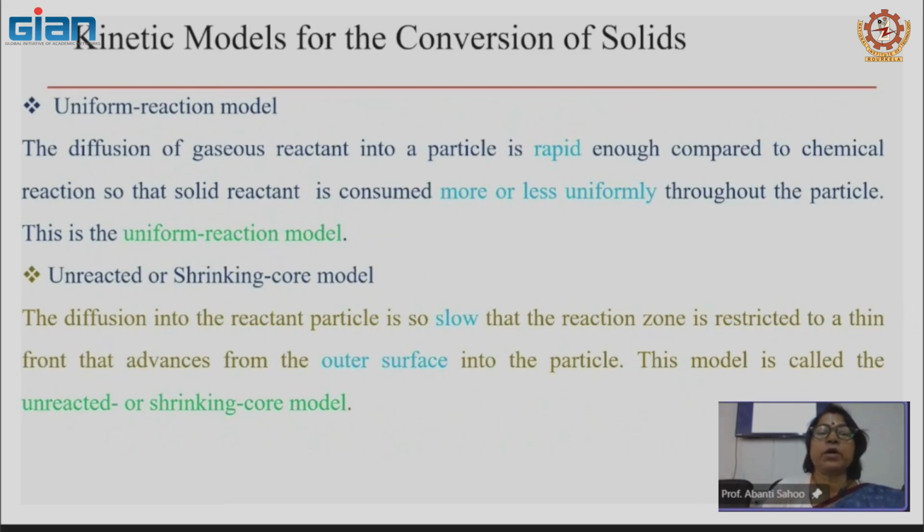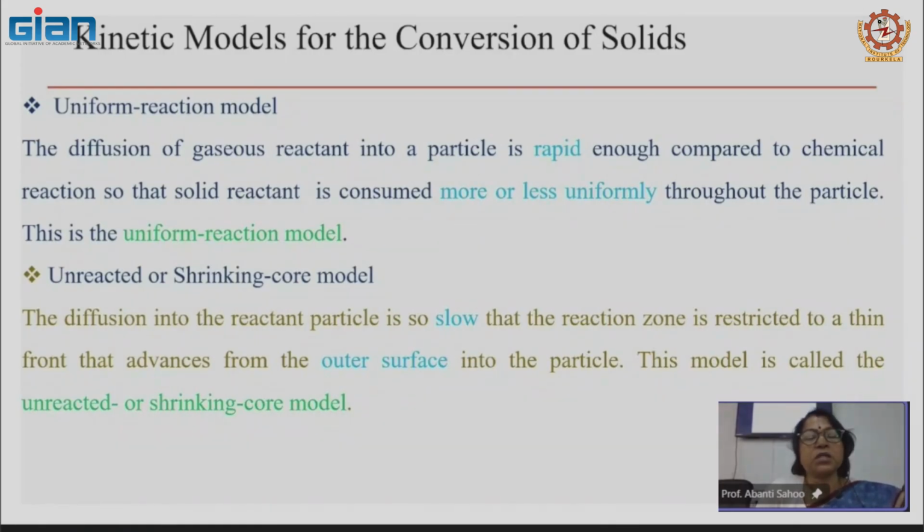Now, when we discuss the models for the conversion of solids, the solid reactant will be converting to a solid product, a gaseous product, or a combination of gas and solid product. There are two types of models usually found: the uniform reaction model and the shrinking core model. Uniform reaction model means the solid reactant is consumed more or less uniformly throughout the particle, so the consumption is uniform all along the diameter or periphery of the solid particles.